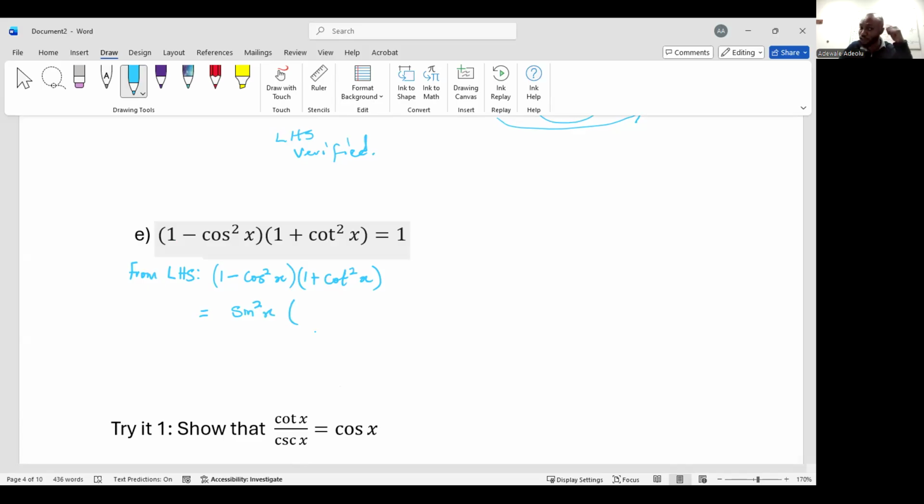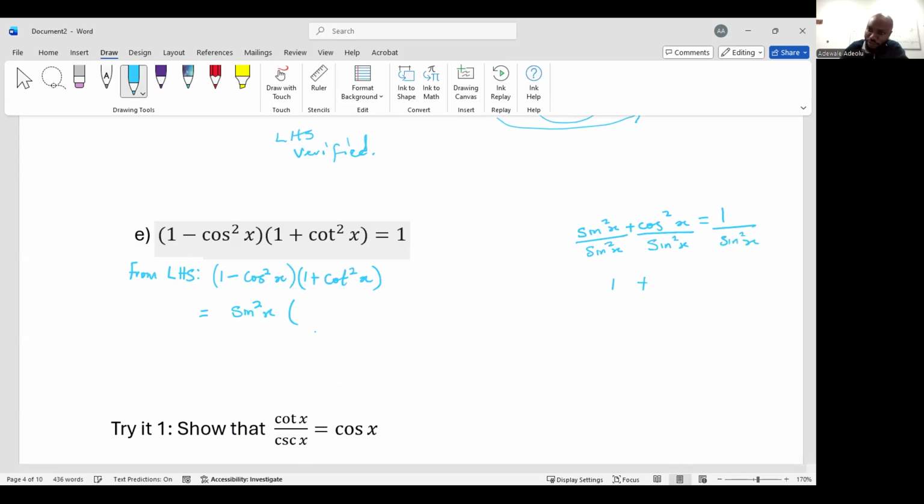Remember, if you don't know this often, always remember this. Sine squared of x plus cosine squared of x is 1. What can I do to get cotangent? If I divide cosine by sine, so in this case by sine squared of x, I should get there. So I divide through by sine squared of x.